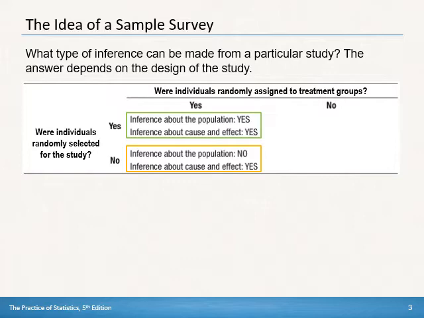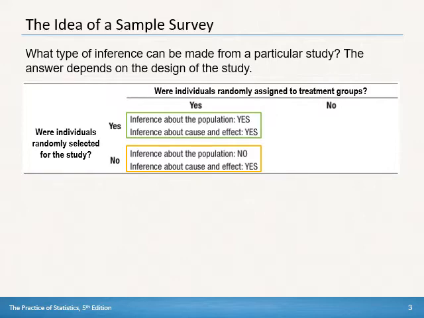However, we can't then infer the results of the study back to the population. We can't say this same thing is going to happen to anyone in the population, because we didn't randomly select those people from the population. So we say things like we can show a cause and effect in groups similar to those that were in this experiment. But we can't really say that for the entire population, because we didn't randomly select from the population.